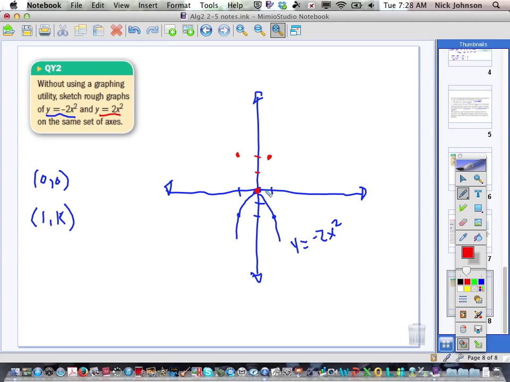Yes, my graph is not that pretty, but you get the idea. These were supposed to kind of look the same. But if Mr. Johnson was able to be a better artist with this bamboo tablet, you would see that these two things would be symmetric. It's just that one opens upwards, the other one opens downwards.